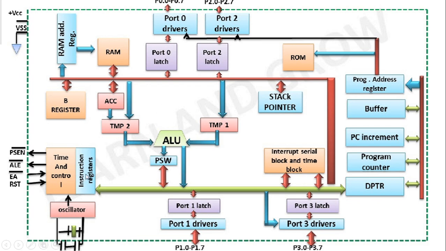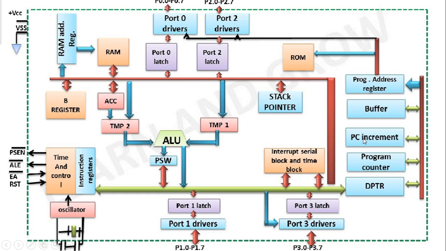Then we can decode the instruction using the information available in the instruction register and identify what operation or what opcode we want to perform and on which operand we need to perform that operation. So after fetching, the instruction is placed here in the instruction register.